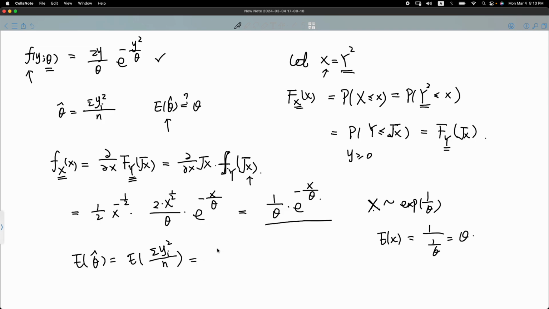This is equivalent to the summation of the expectations of Yi squared over n. The expectation of Yi squared is just the expectation of random variable X, which is theta, over n. We have the sum over n copies, so n copies of theta over n, and that will give us theta. So the expectation of theta hat is theta.